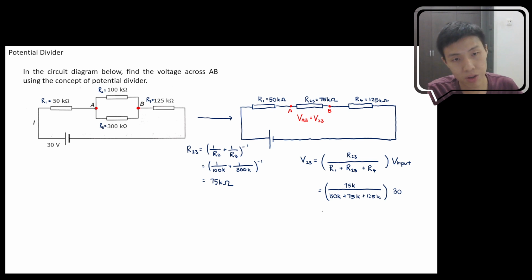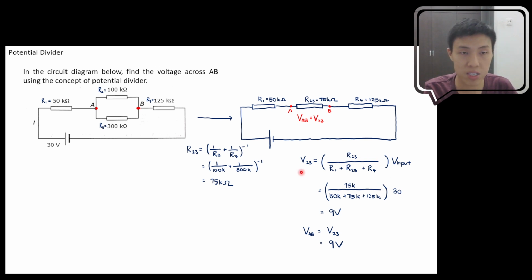Okay, so if you calculate everything, I believe the final answer that you get is 9 volt. And since VAB is equal to V23, that's why VAB is also equal to 9 volt. This allows you to know how much is the potential difference across AB. This would be 9 volt.